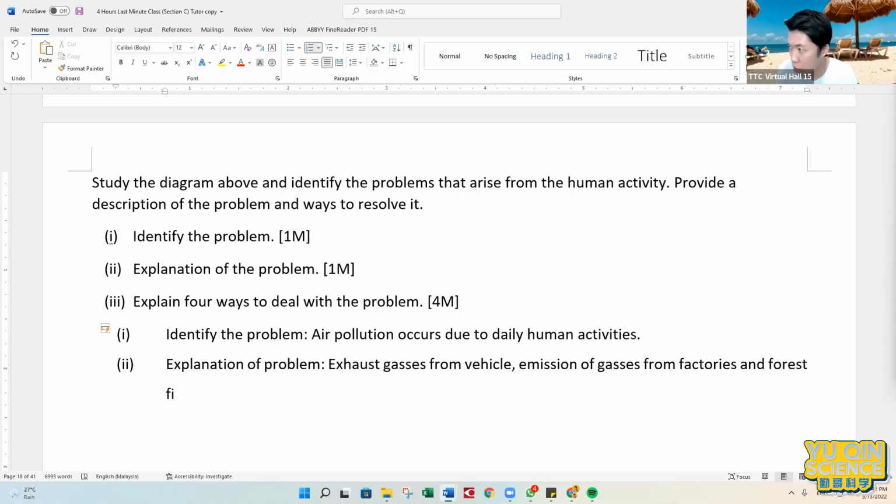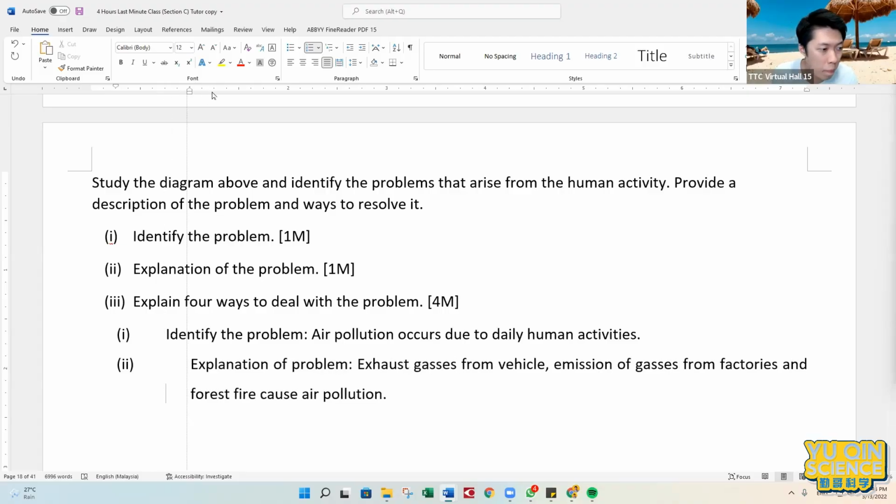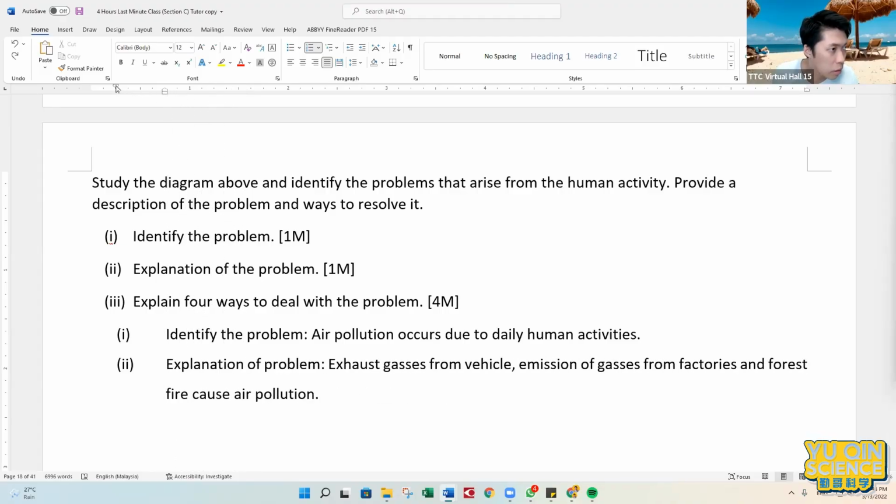Forest fire causes air pollution. Basically, I'm just writing what happens in the picture. You get it? Okay, I'll leave it this way.